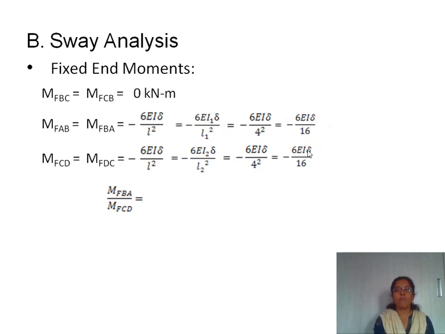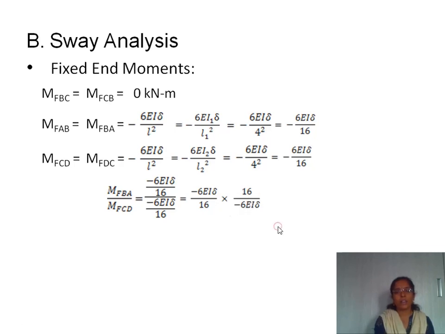So to eliminate the value of delta, we will take the ratio of MFBA to MFCD. Okay. So from top to bottom. MFBA to MFCD. So MFBA is minus 6EI delta by 16 and CD is also minus 6EI delta by 16. So that will be equal to, if you rearrange it, minus 6EI delta by 16 into 16 divided by minus 6EI delta.